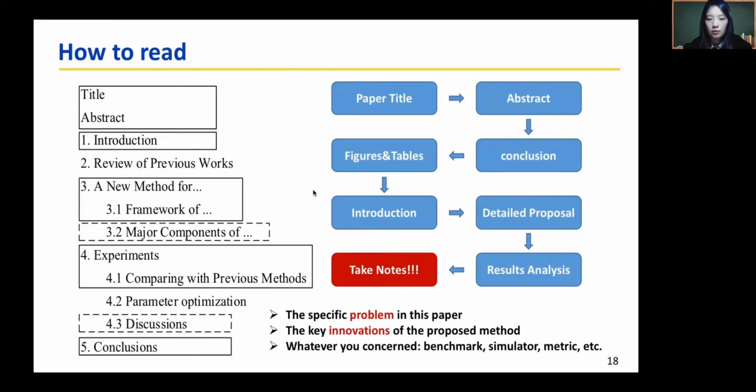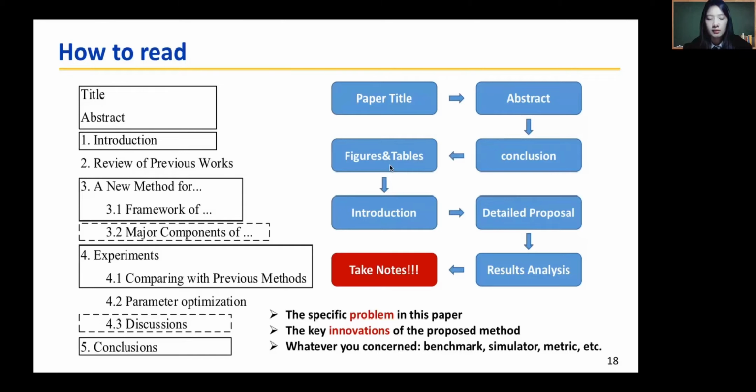Next, we should look at the charts, figures and tables in this paper, if it has any. At this stage, we should only look at the figures and the annotations of the figures. We do not read the context statements around them.